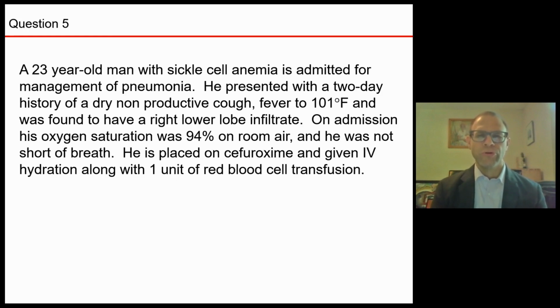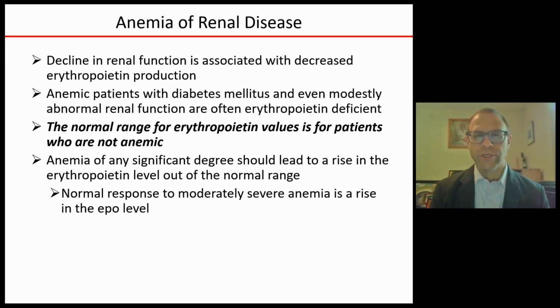It is crucial to recognize that the normal EPO level, the normal EPO range, is not normal for anemic patients. So the more anemic someone is, the higher their EPO level becomes. It is a common mistake to see an EPO level in the normal range and assume that they are not EPO deficient when that's not the case.